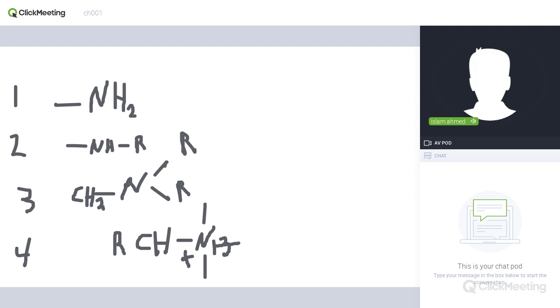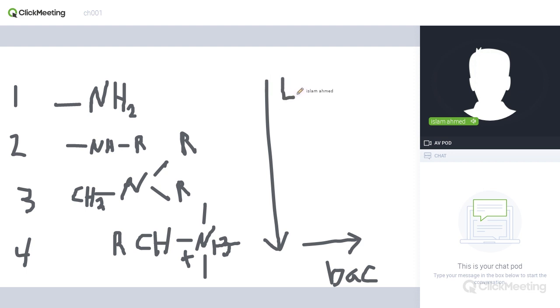Okay, that's it. So this is the amine. The amines are mostly basic in nature. As we go down, the quaternary amine is more basic, and this first one, which is the primary amine, is less basic. Okay, that one is less basic.